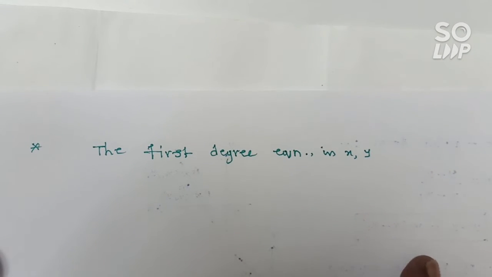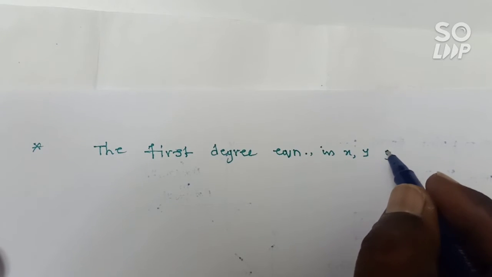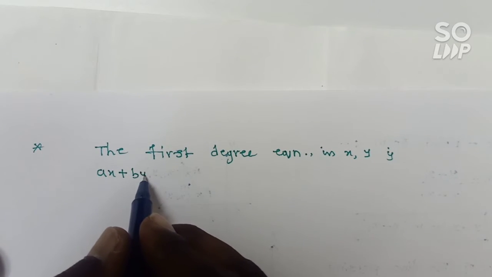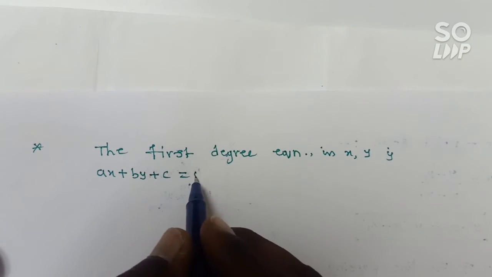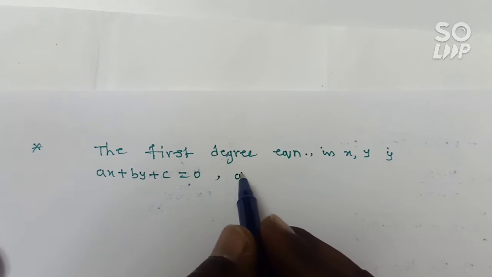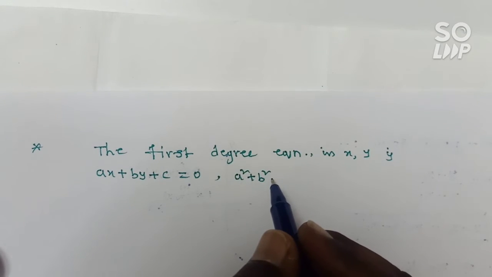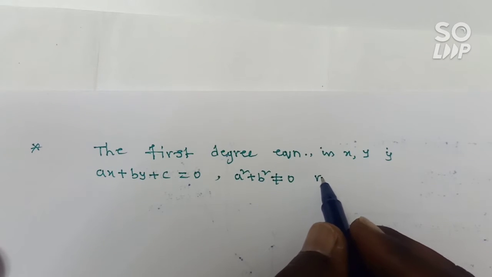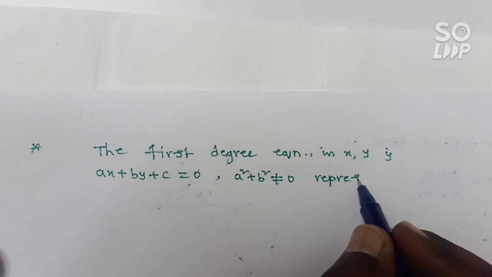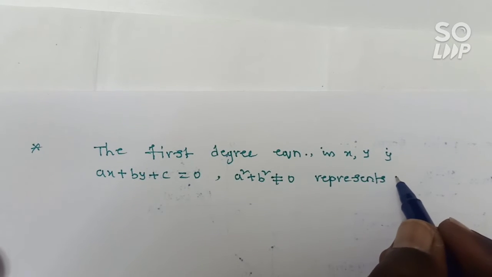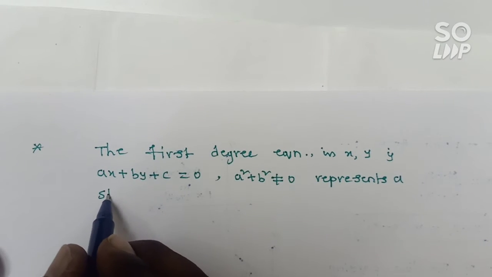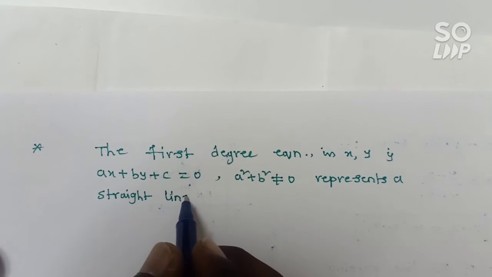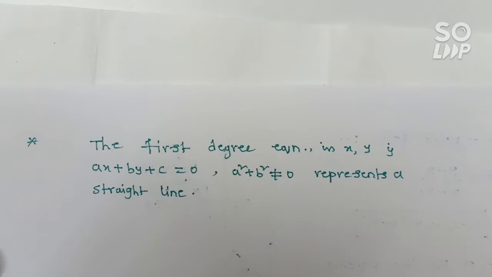The first degree equation in x comma y, ax plus by plus c equals 0, comma, a square plus b square not equal to 0, represents a straight line.